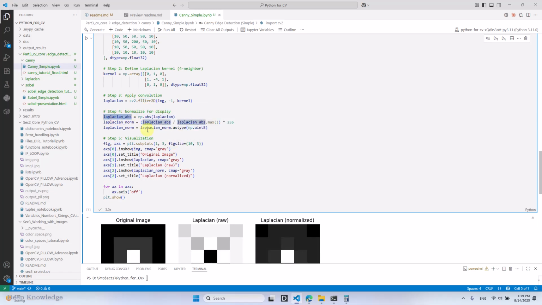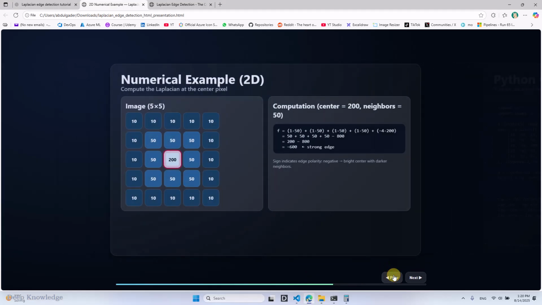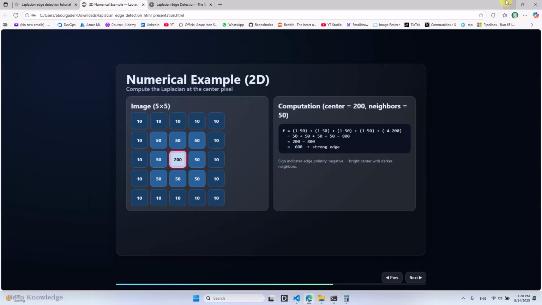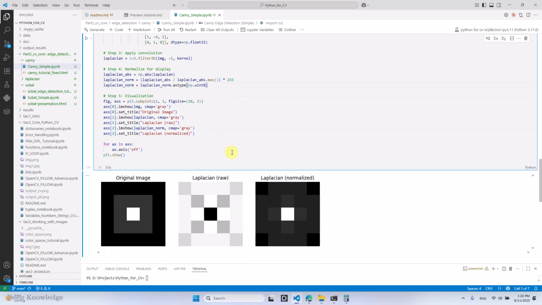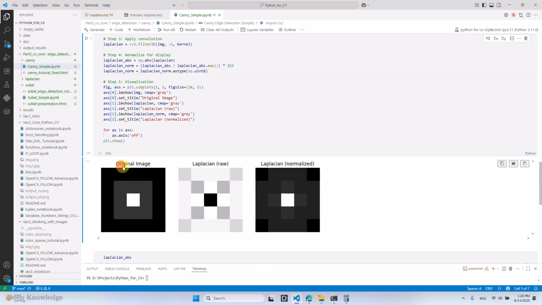Sometimes we get minus 600, as we saw in this example, but we need to show something, so we take the absolute value, normalize the image, and convert it to unsigned integer 8. Now if we show it, this is the original image, this is the Laplacian, and this is the Laplacian normalized image. You can see we have detected the edges here.